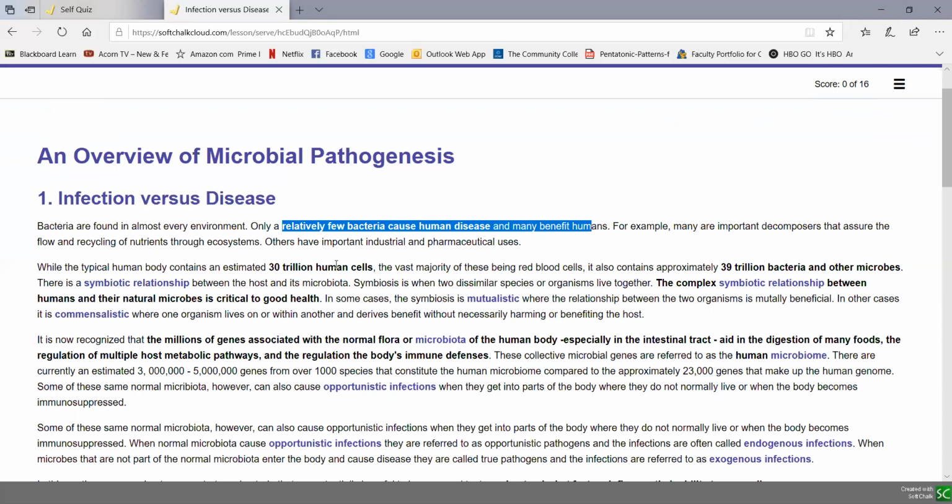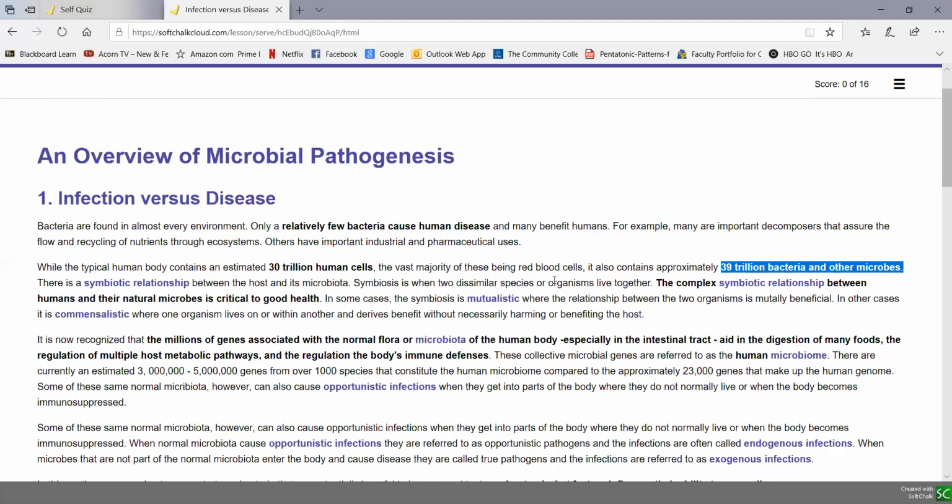Now remember, the human body has an estimated 30 trillion human cells, most of those being red blood cells, but the human body contains about 9 trillion bacteria and other microbes. So most of the time we have more microbiota or microorganisms living in and on the body than we have human cells.